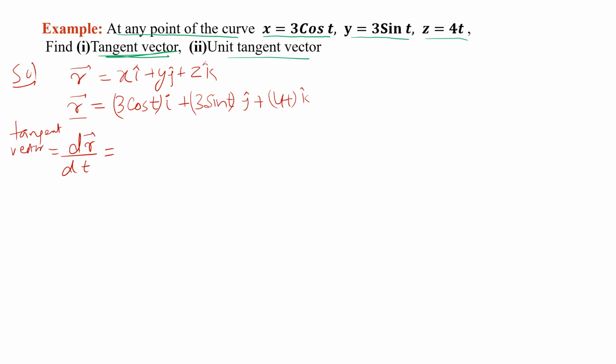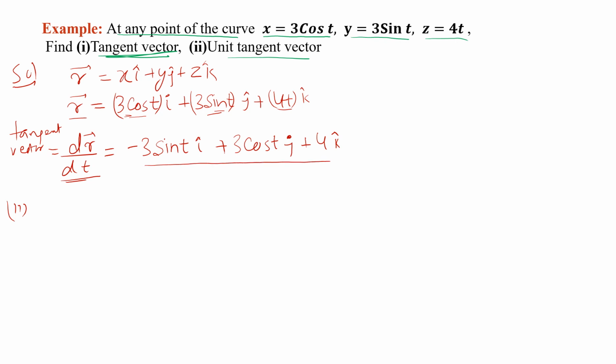The derivative of 3 cos t gives minus 3 sin t i, the derivative of sine is cos, so we get 3 cos t j, and the derivative of 4t gives 4k. Now this is the tangent vector, and the second part is to find the unit tangent vector.